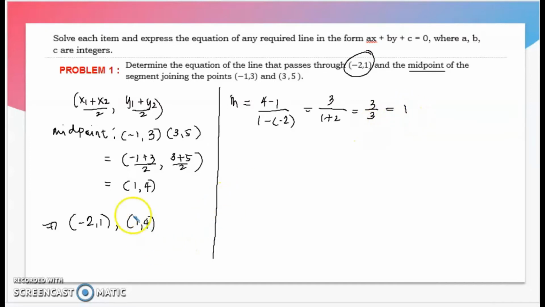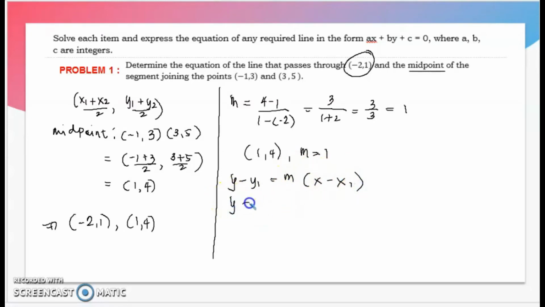Now, using one of the points in here to get the equation, let's use the point 1, 4 and the slope, which is equal to 1. So using point slope, y minus y sub 1 is equal to m times x minus x sub 1. So substitute the values.